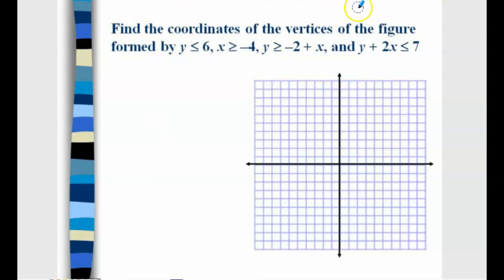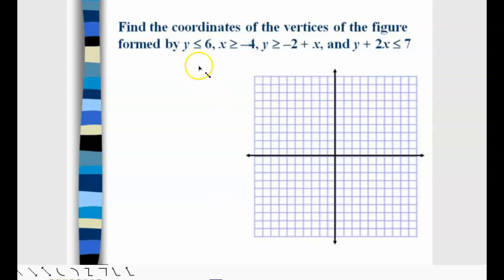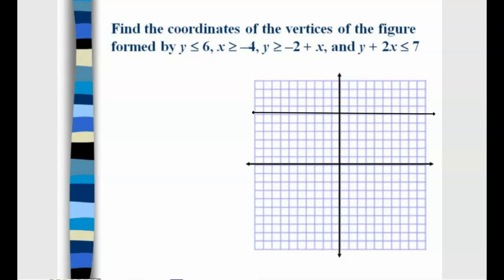Okay, and then the last one is very similar to the SAT scores, but now we just want to find the vertices of intersection. So we have a solid line at 6. Shade below.